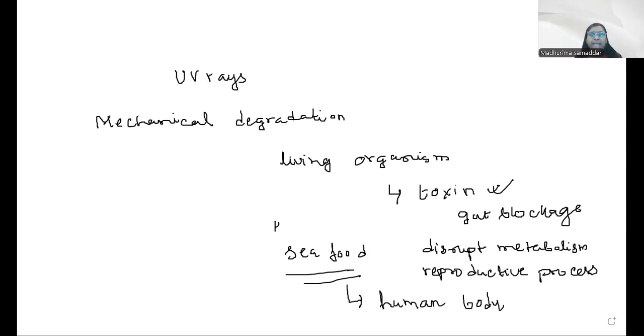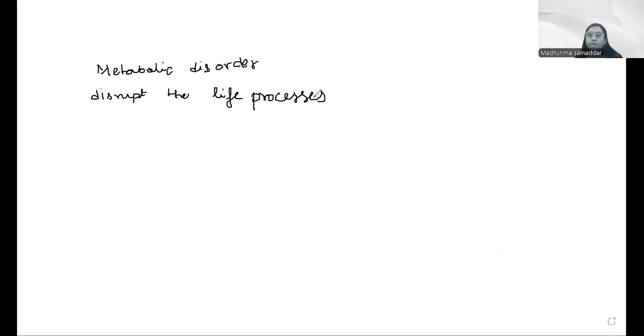As it enters the human body, it causes metabolic disorder, and also it will disrupt the life processes. So let us see the different types of plastics.